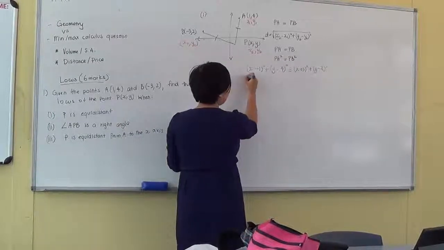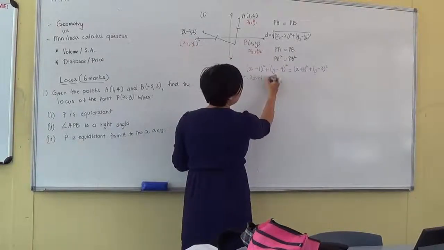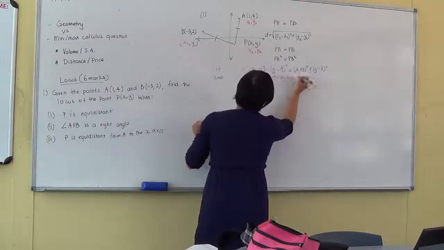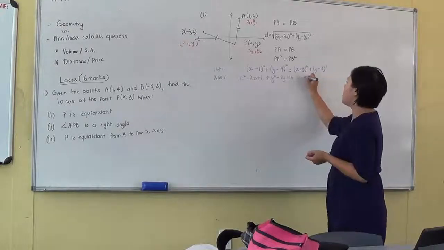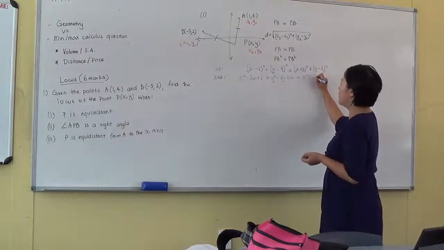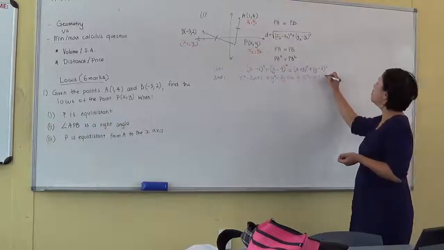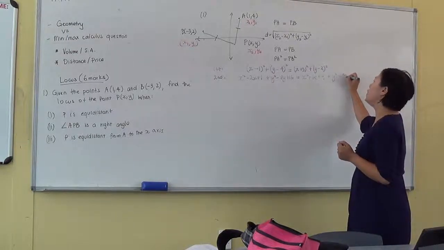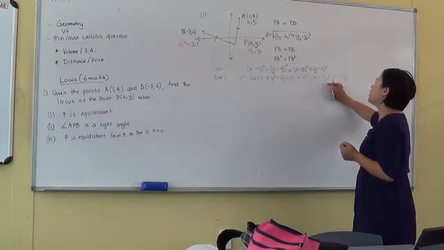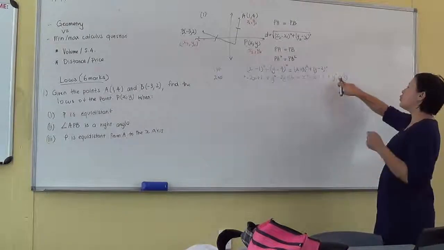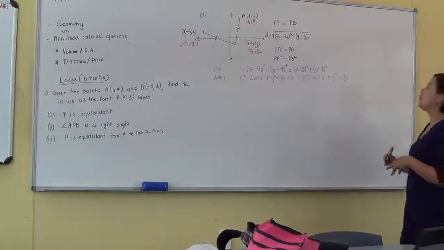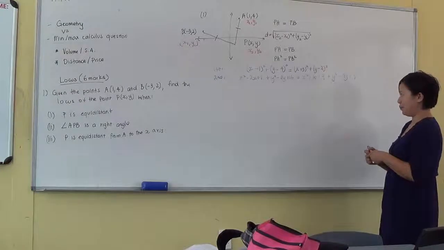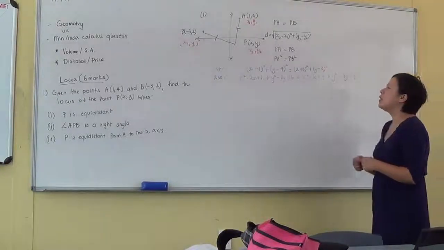So x squared minus 2x plus 1, plus y squared minus 8y plus 16, equals x squared plus 6x plus 9, plus y squared minus 4y plus 4. Right, so now we're going to collect like terms.